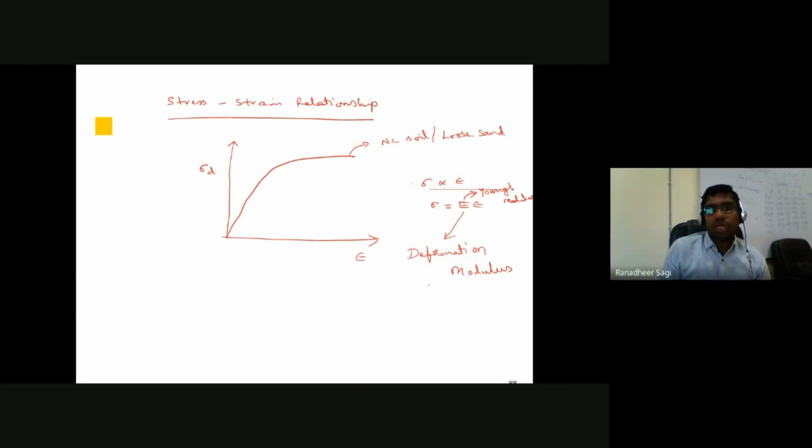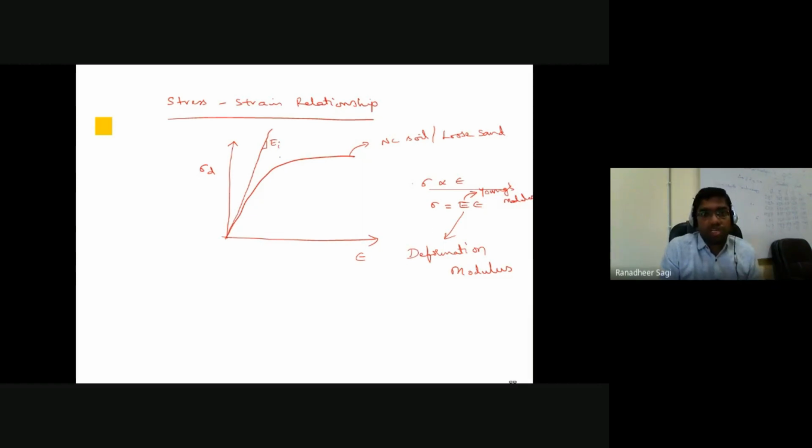but to be specific, technically we call it as deformation modulus of the soil. Okay, now how do I determine the deformation modulus of the soil? So there are various approaches, various ways by which one can try to determine the deformation modulus. One is by drawing a tangent to the initial portion of your stress versus strain curve. If you are determining the slope of this tangent drawn, then I can call it as your initial deformation modulus.